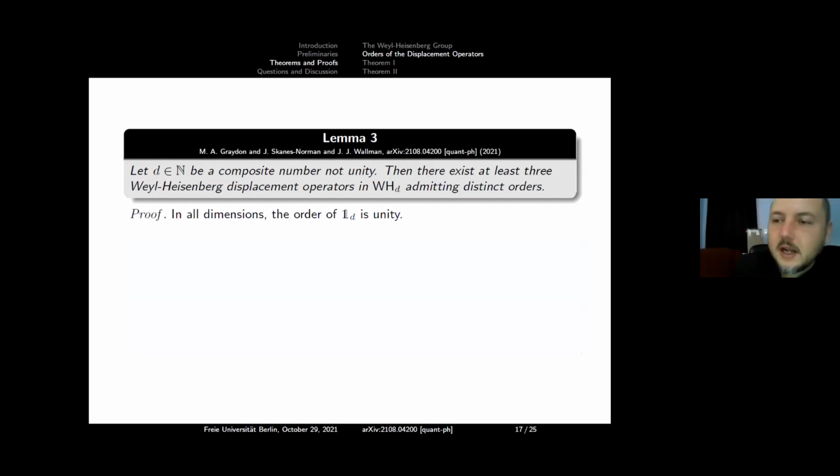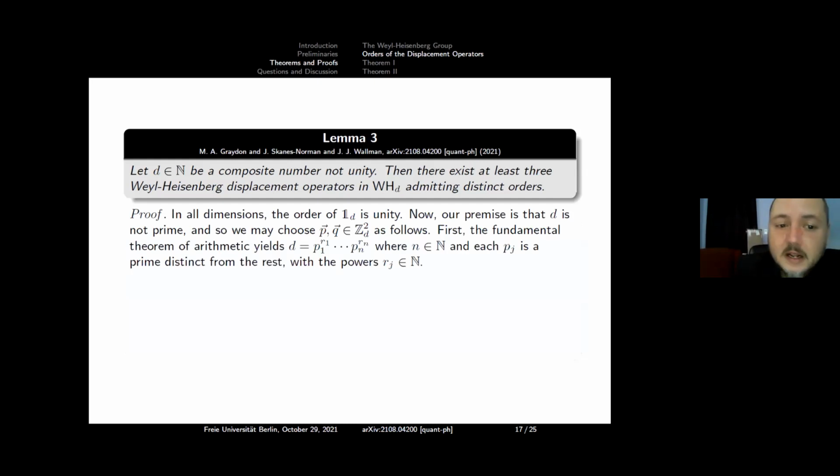In general, in all dimensions, the order of the identity is unity. Our premise is that the dimension is not prime, and so we may choose p and q in Z_D squared as follows. The fundamental theorem of arithmetic says that we can write the dimension in a unique way as the product of prime powers.